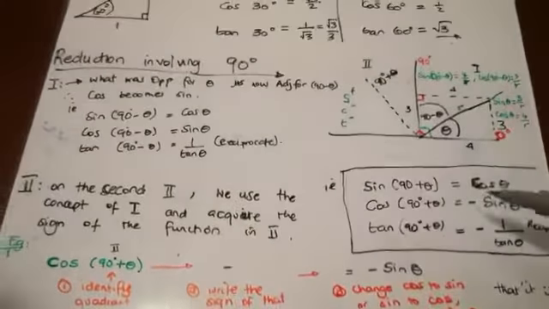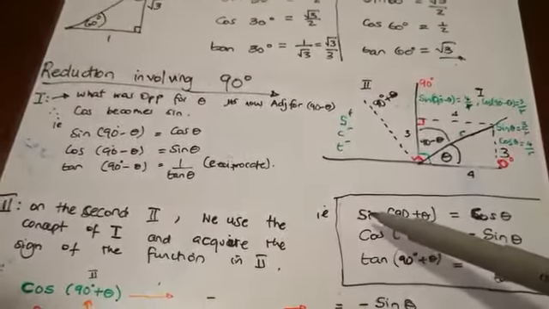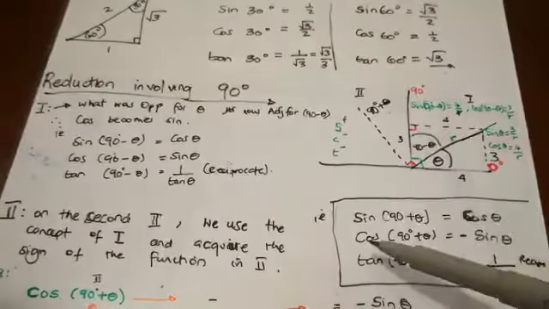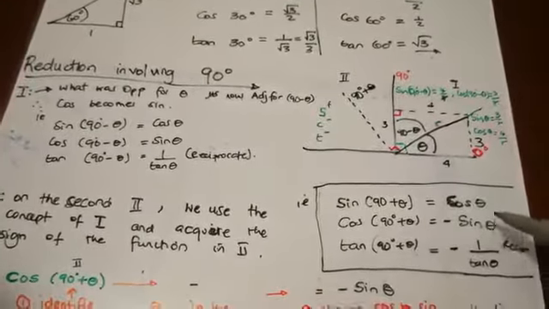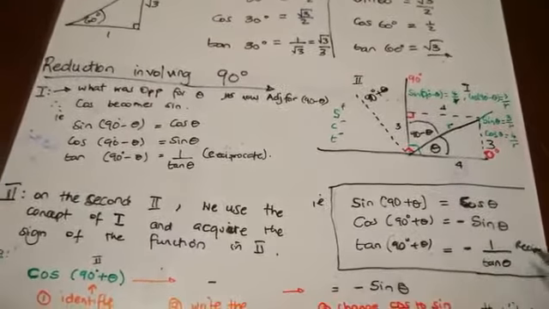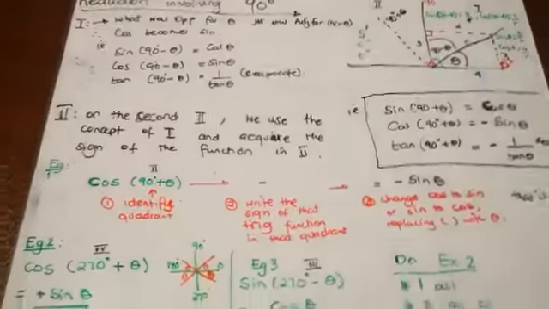So because sine is positive, the answer is going to be positive. Because cos is negative, the answer is going to be negative. Because tan is negative, the answer is going to be negative. I hope that it is going to be clear.